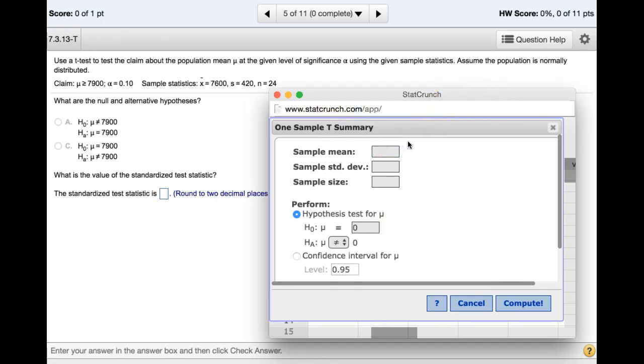Our sample mean is 7,600, standard deviation is 420, sample size is 24, and we're assuming our population mean to be 7,900. So this is our null hypothesis here, and our alternative hypothesis would be here, because if that's greater than or equal to, that needs to be less than.